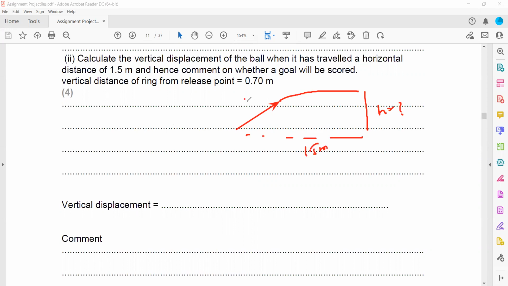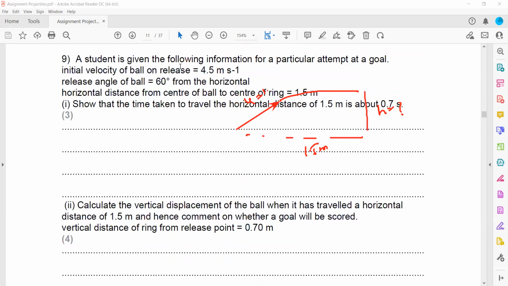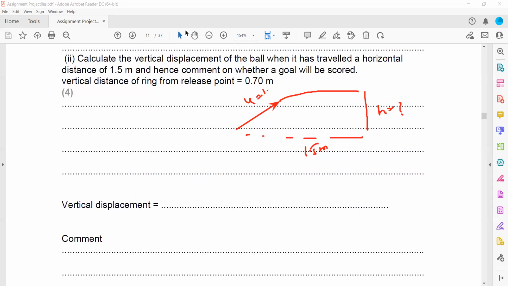So it traveled 1.5, we have u, which is 4.5, and the angle it is making is 60 degrees. But this h is not the maximum height, so we cannot take the final vertical velocity as 0. Why can we not?